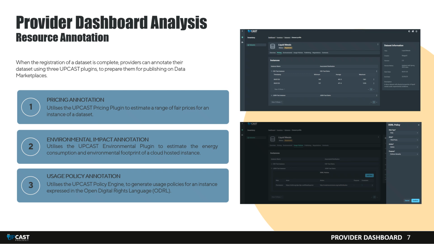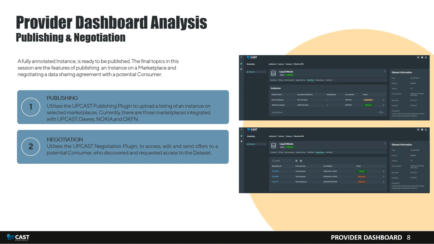Finally, usage policy annotation accesses the Upcast policy engine to generate usage policies for an instance, expressed in the Open Digital Rights language. When the annotation of an instance is complete, the provider can use the publishing plugin to upload its description on one or more available marketplaces. In the scope of Upcast, 3 marketplaces are available: Dawex, Nokia, and OKFN.